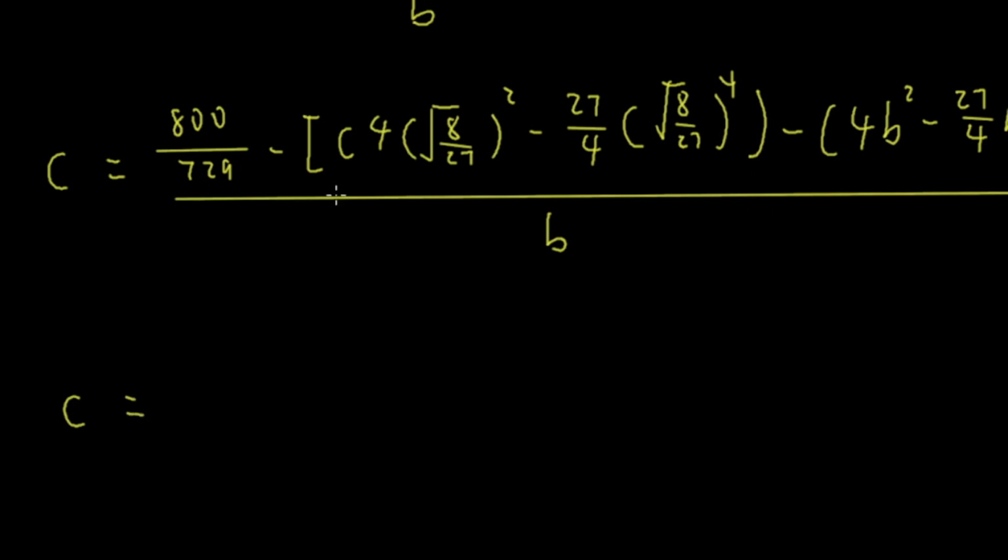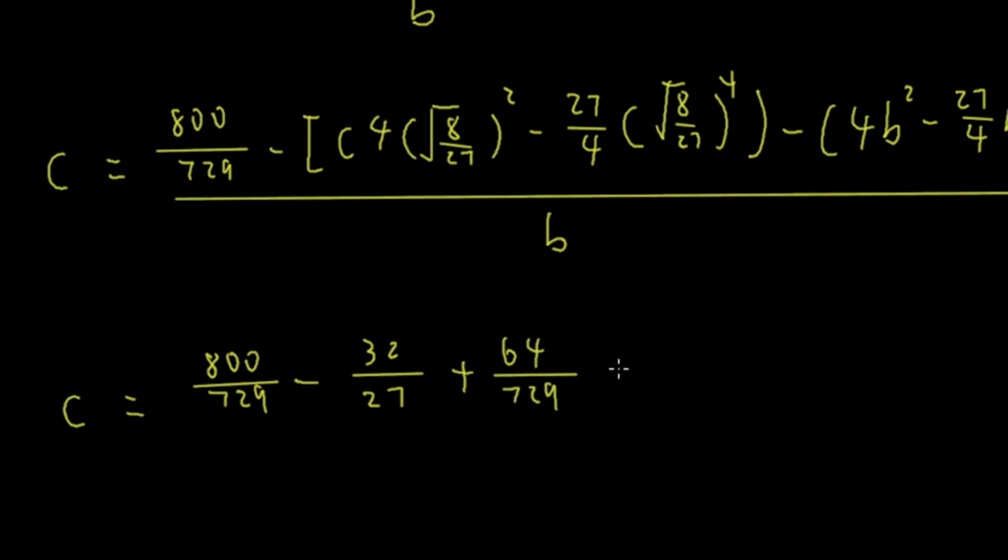Now, let me take away the bracket, right? So this is minus, minus, minus becomes plus. So we have 800 over 729 minus, this is 32 over 27 plus 64 over 729 minus, minus becomes plus, right?